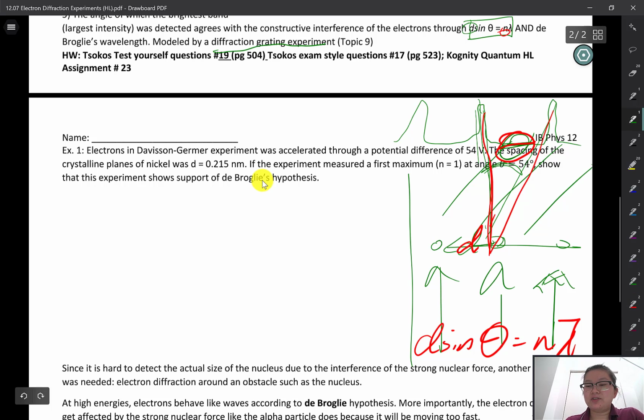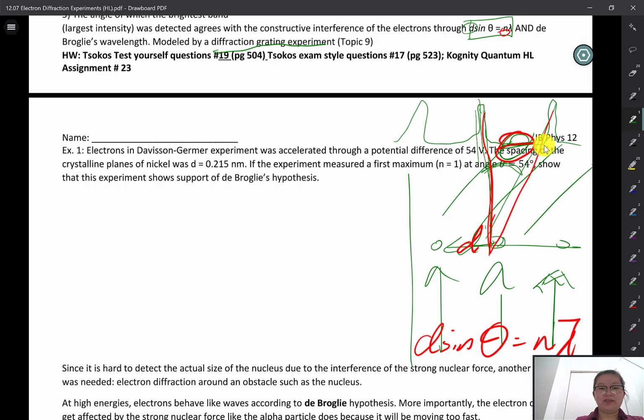So essentially what we want to do is show that, based off the results of this experiment, the equivalent wavelength of light hitting these structures is of some wavelength. And this wavelength matches exactly the de Broglie wavelength of these electrons that are going at a certain speed, which we will find from this accelerating potential difference. So we're going to try to find a match here. And if the two wavelengths match, then we can show that this experiment supports de Broglie's hypothesis.